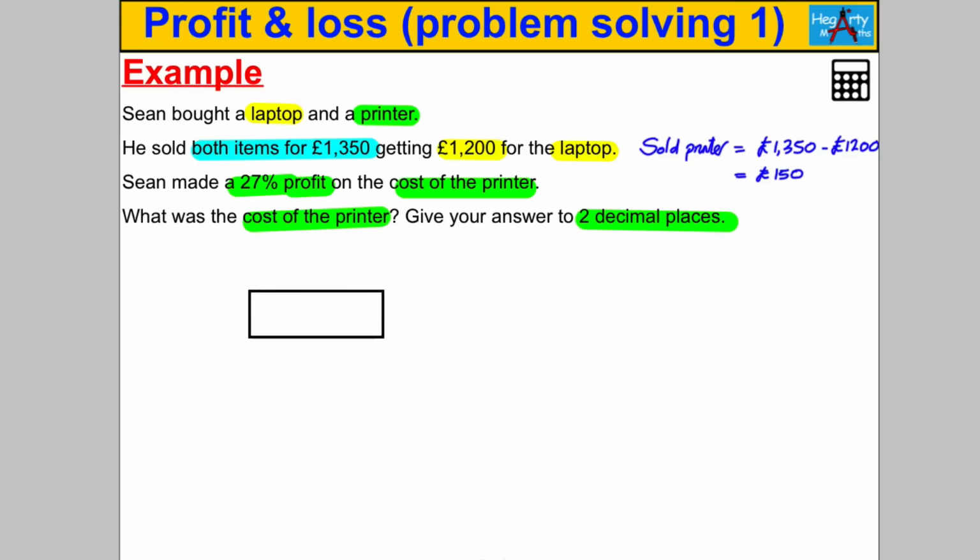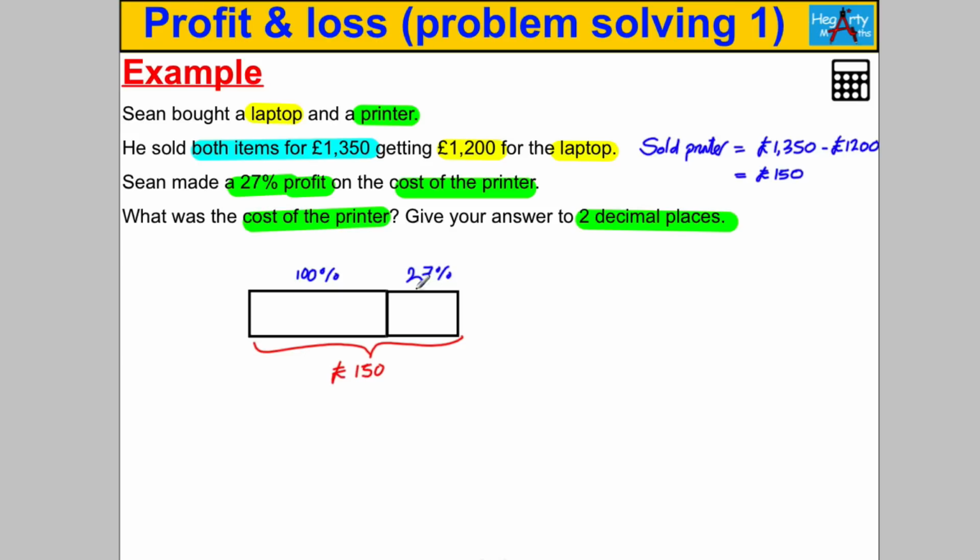So he got a printer, he bought it for some number which is 100%, and he sold it on with 27% profit. Okay, so here we've got 27% profit, and here was the original cost, which was 100%. We know that all of this, he sold for £150.